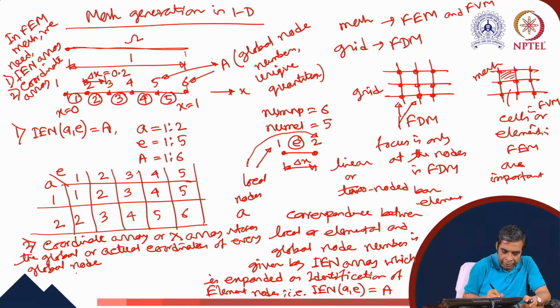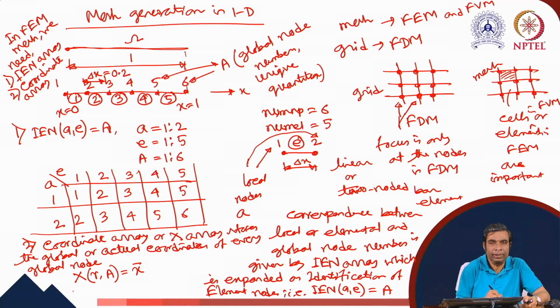Now it is defined as capital X r comma A equals to x bar. So capital X is the coordinate array, r is the range or dimensionality, A is the global node number and x bar is the coordinate vector.